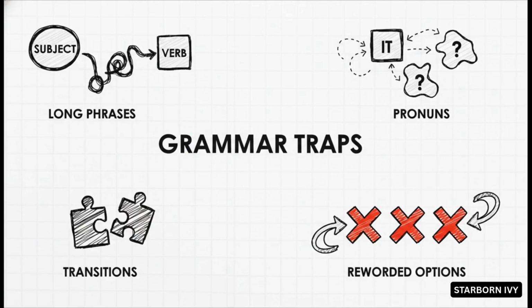Second, they'll use a vague pronoun like it or they, and you'll have no idea what it's actually referring to. Third, they'll pop in a fancy transition word like however or consequently when the logic of the sentence doesn't actually need it. And finally, they'll give you a few different answer choices that are just reworded versions of the same mistake. Once you start looking for these, you'll see them everywhere.